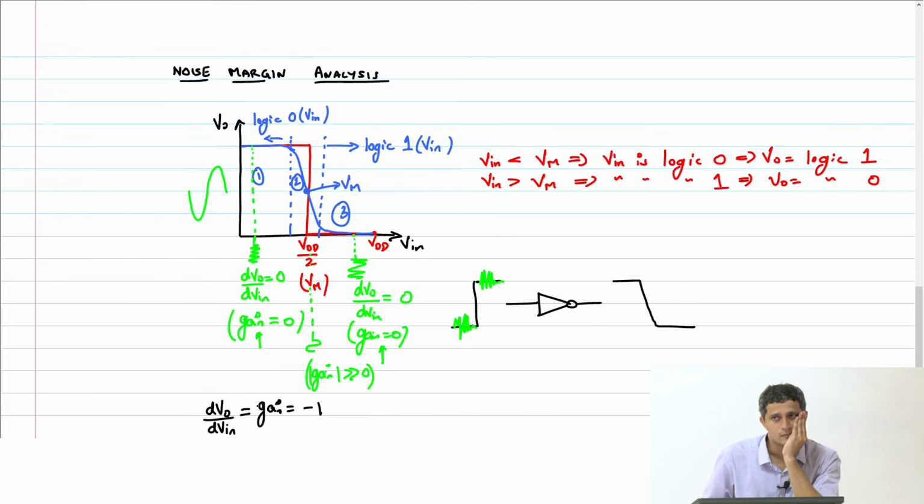Because if the gain goes slightly above that, then the noise is getting amplified. The limiting case is noise does not get amplified, it just goes through as it is.